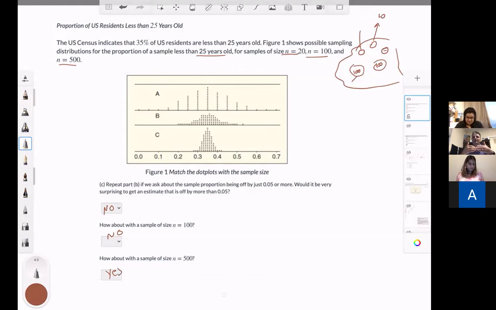But when you get to 100, then we might have a little more error. Okay, 0.05. That makes sense for 500. Yeah. All right. Any questions here?